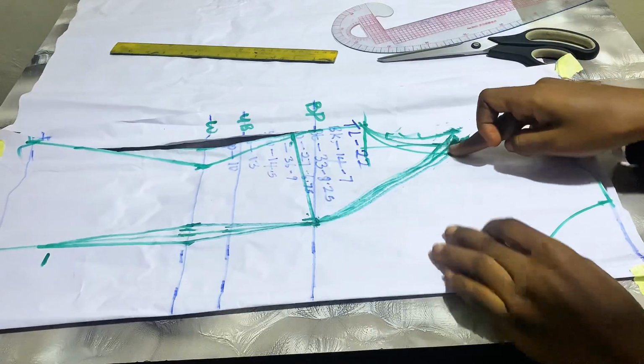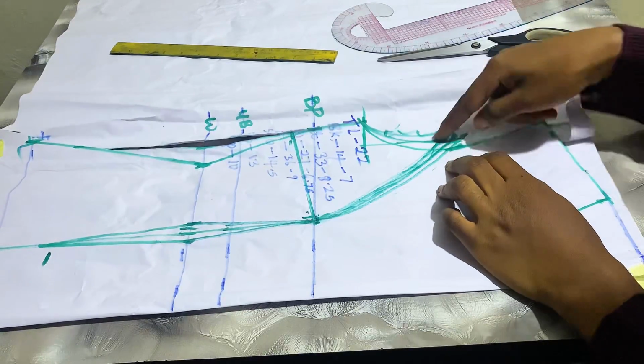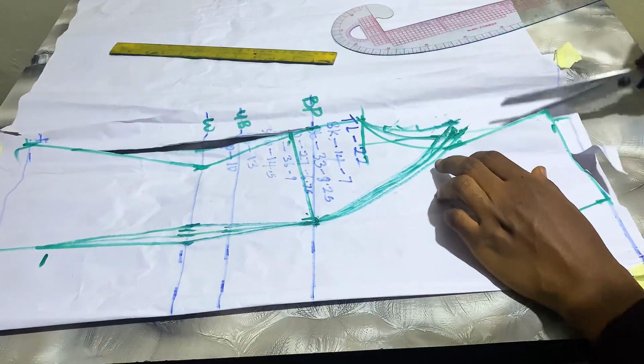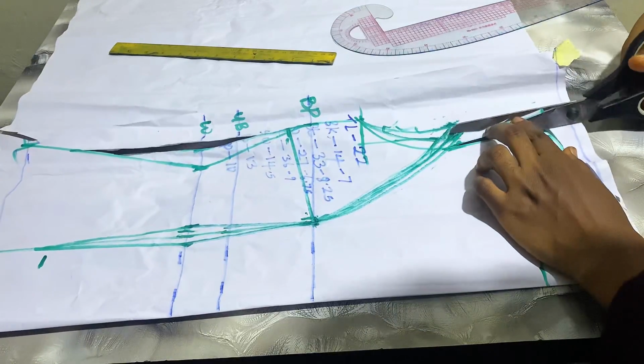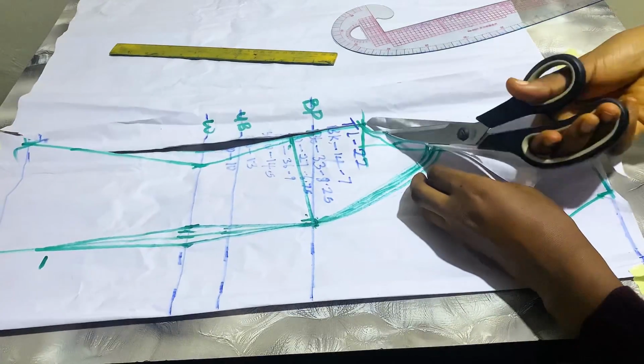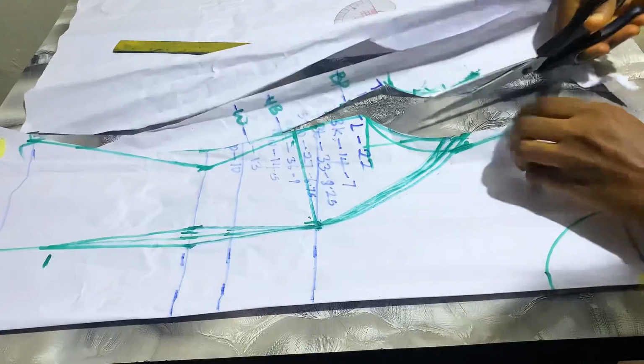When you are cutting this place, note that this one ends here and this ends here. Okay. So that means you're going to cut it to this place. And the other one, you're going to cut like this. So this is it.